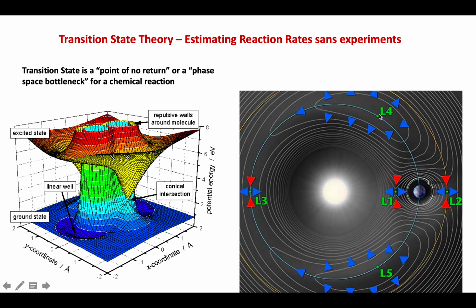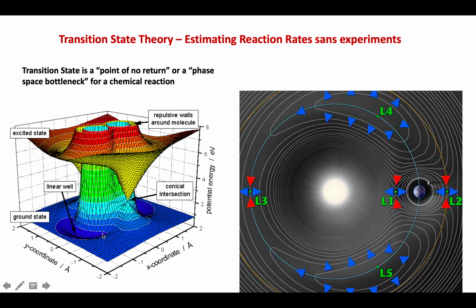And so if you just map out the favorable coordinates and momenta to allow you to escape, you'll realize that there's actually a pretty limited number of positions and momenta for which you can leave these orbits. So in fact, since that's limited relative to the total number of positions and momenta that an asteroid can explore, we call that a bottleneck, or a phase space bottleneck. So the same thing is true for chemical reactions.